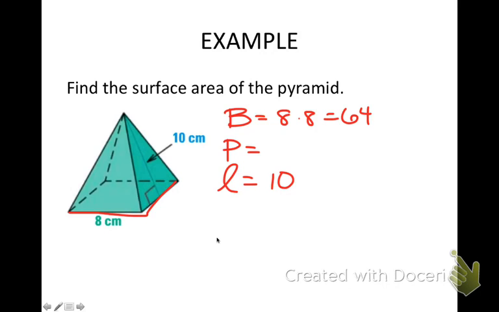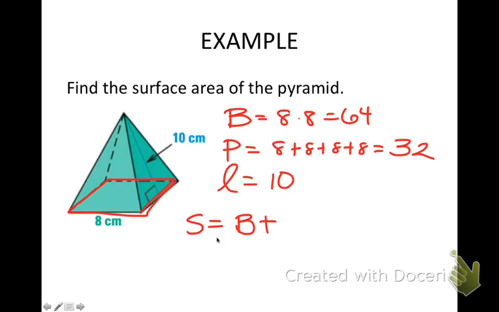Cursive L. How do you find the perimeter of that base? Yep, add up 8 four times. So 8 plus 8 plus 8 plus 8, or 8 times 4, which is 32. Now we just need to plug it into the formula. So surface area is equal to the area of your base plus 1/2 perimeter times slant height.